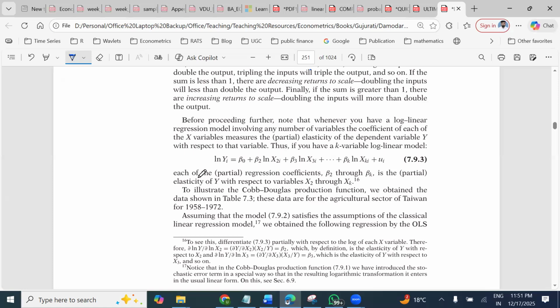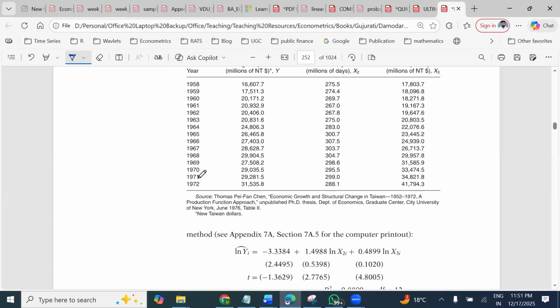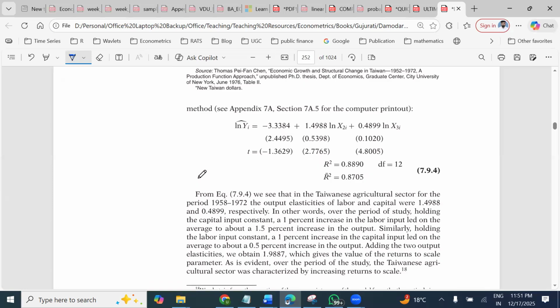So now let us see one result. Suppose this is a regression. Now the question is whether there is increasing returns to scale, decreasing returns to scale, or constant returns to scale. Sangeeta, how will you derive? By adding the parameters. Yes, this is right. Beta 2 and beta 3.